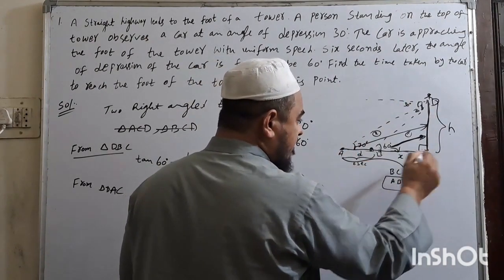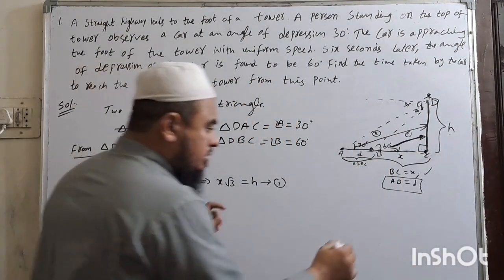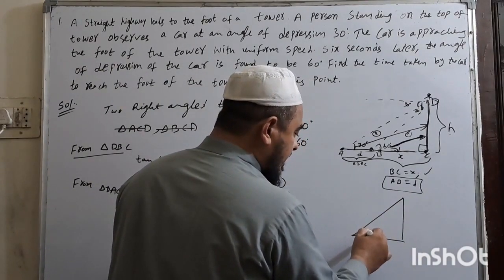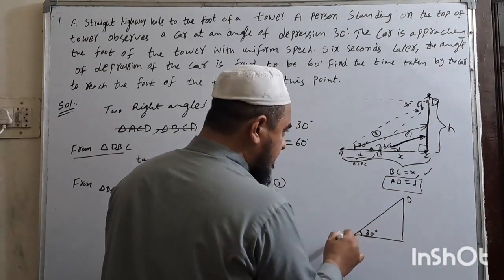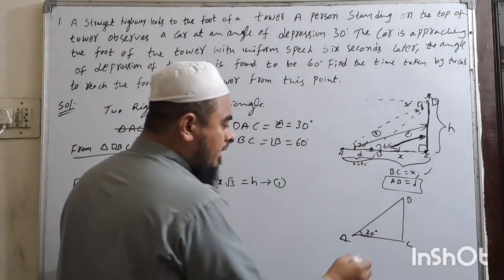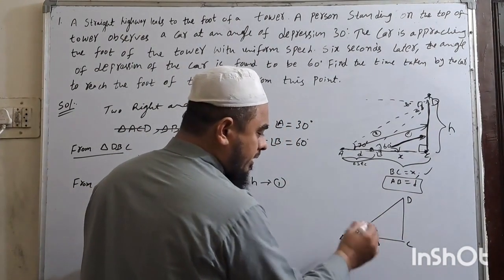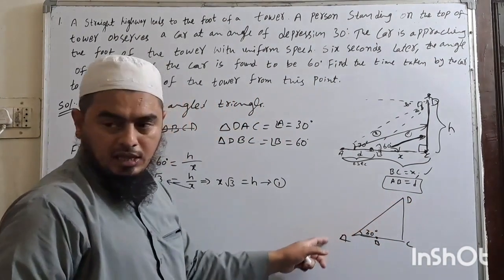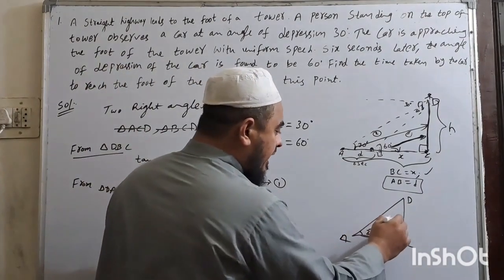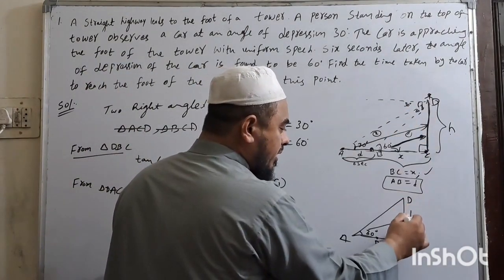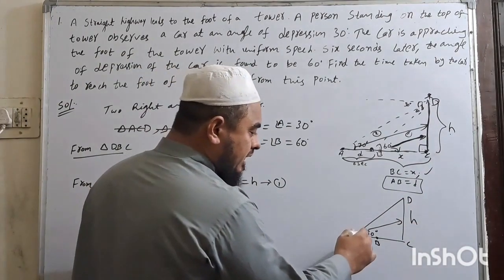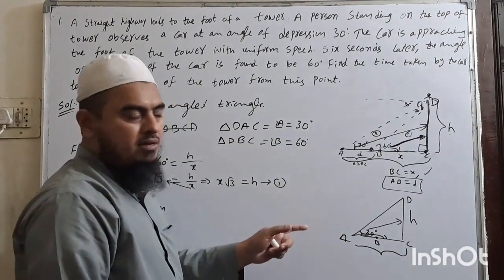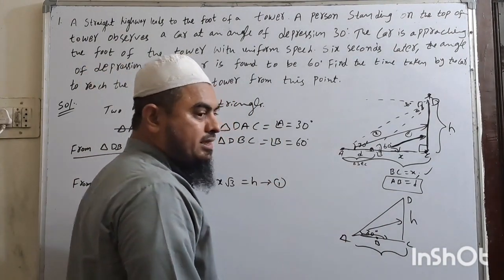I will draw this triangle here: this is D, this is A, and this is C, and somewhere we have the point B. For the right angle triangle DAC, the opposite side is DC, which is H. The adjacent side to the 30 degrees is the complete AC.